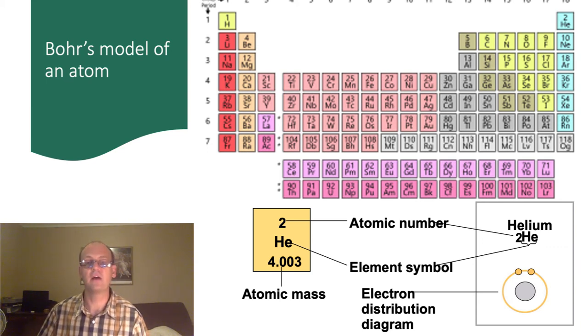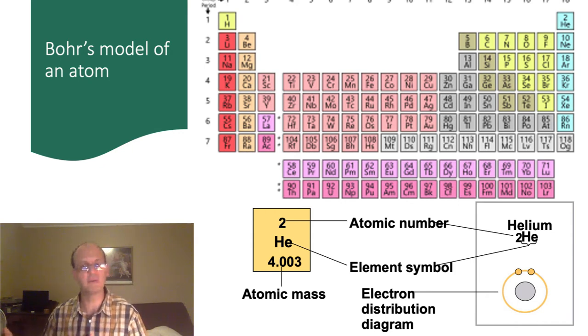You may notice that the atomic mass for helium is given as 4.003. You may also know that protons and neutrons have exactly the same mass of 1 dalton each. The mass of electrons is negligible. Therefore, how does helium have a mass of 4.003? Where does that extra 3/1000ths of a dalton come from?